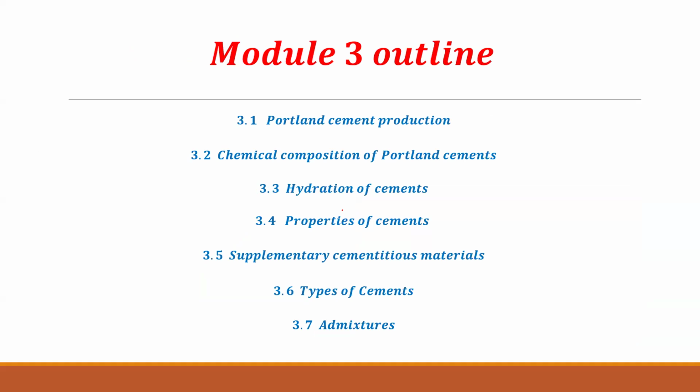Then hydration of cement. Hydration is the chemical reaction between the cement and water. When we add water to cement, that reaction starts, and we will learn about the reaction because it is important. Depending on the ingredients in the chemical composition of the Portland cement, different cements have different compositions.